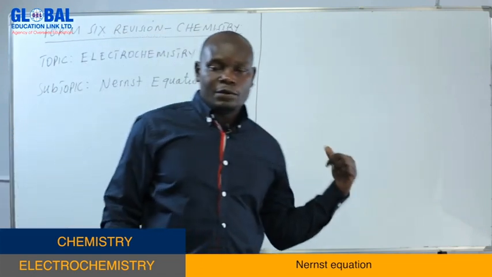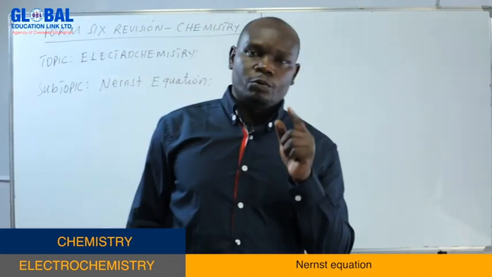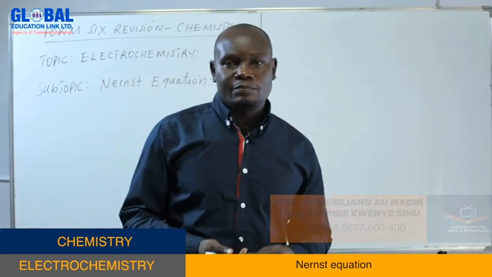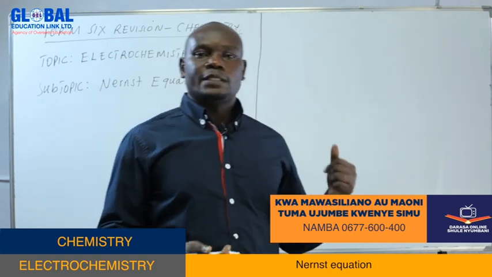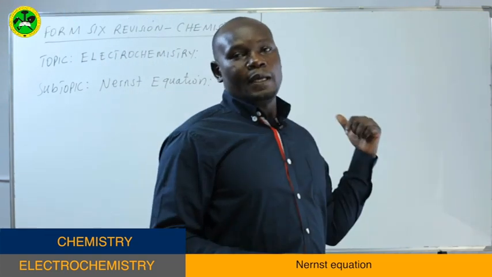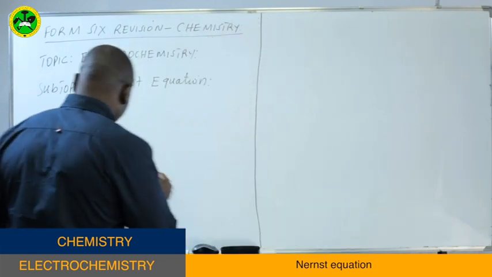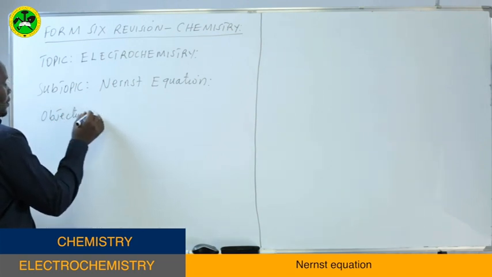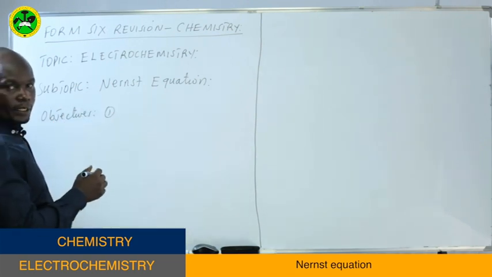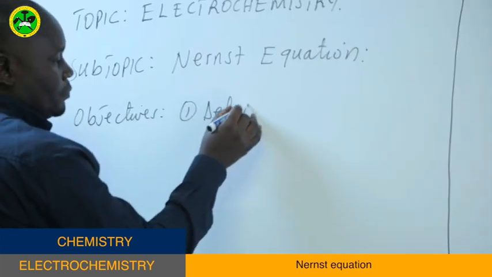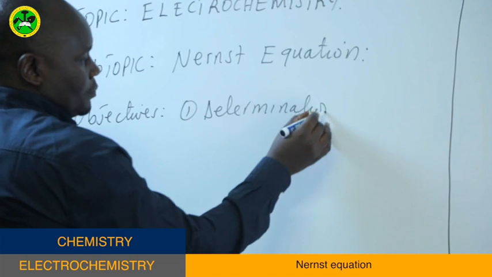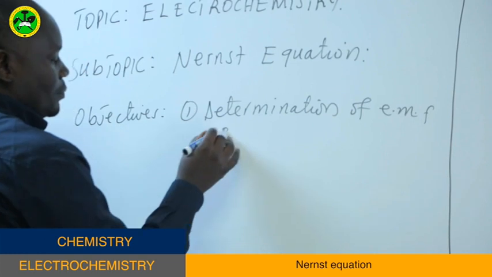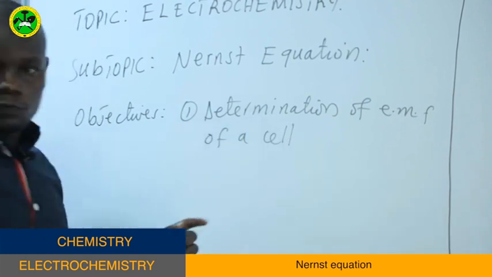Therefore, after the end of this lesson, everyone, you will be able to determine the standard enthalpy of a cell by using the Nernst equation, as well as to determine the equilibrium constant of the redox reaction. So one is determination of EMF of a cell.